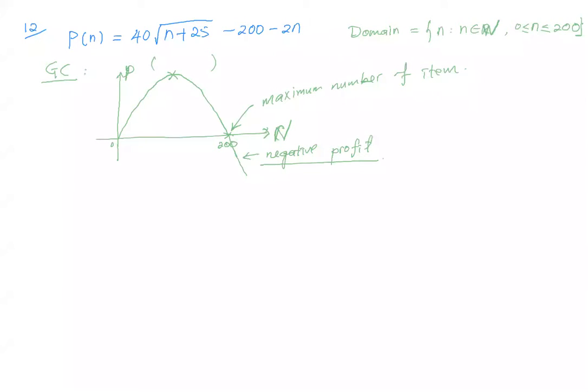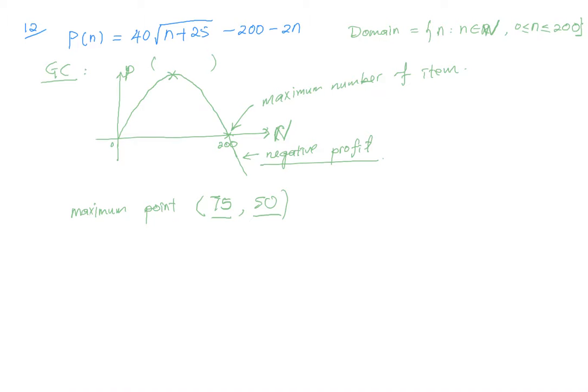So the coordinate of the maximum point is 75, and y is 50. Okay. So that means it must produce 75 items to get a maximum profit of 50. This is the maximum profit per item.